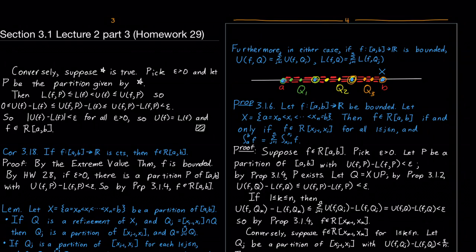Then if Q is the union of the Qj's, then Q is a partition of this interval from a to b, and the upper sum of f over Q minus the lower sum of f over Q is equal to the sum over the Qj's of the same differences, which is less than epsilon.